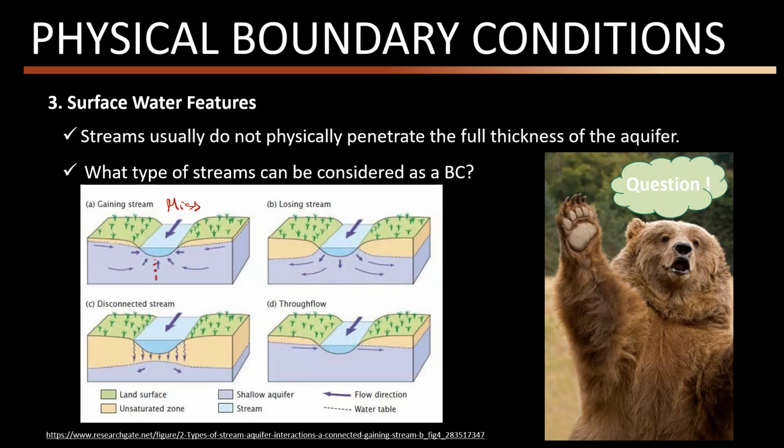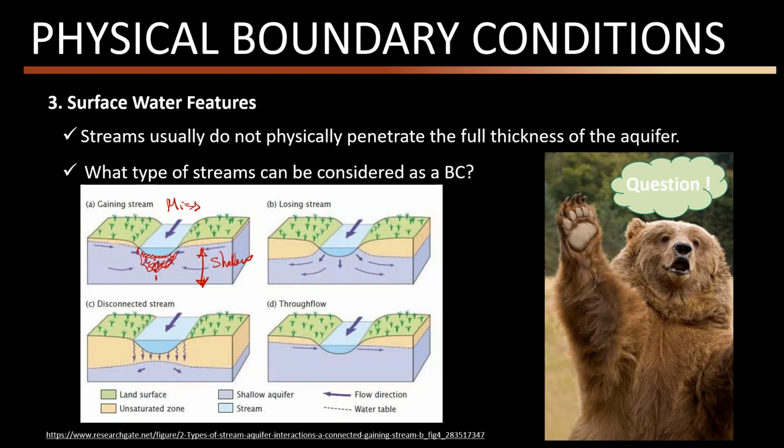Or in other words, in the literature you see that the river is well connected to the aquifer. When this happens, it usually depends on many things. For example, what is the thickness of the stream bed, what is the hydraulic conductivity of the stream bed, and what is the thickness of the shallow aquifer that we are looking at.